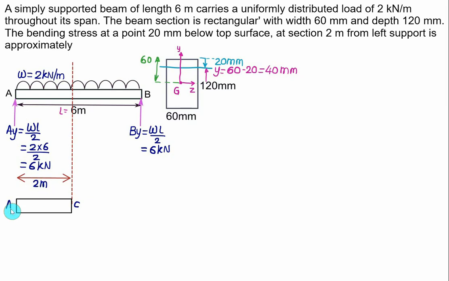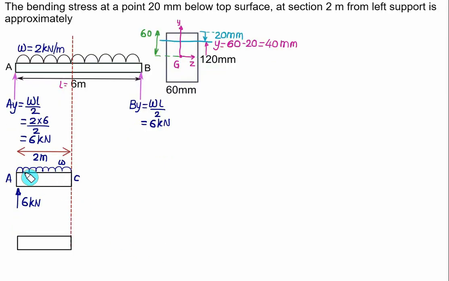We have the left support at A, and we have the UDL here, which has the magnitude W. And we have one reaction acting vertically upward, equal to 6 kilonewton. So we'll convert this UDL into an equivalent point load. In that case, we'll get a downward force.